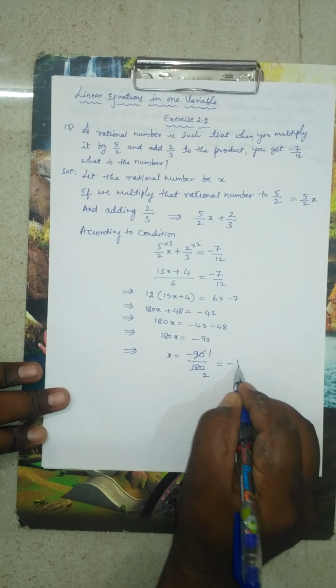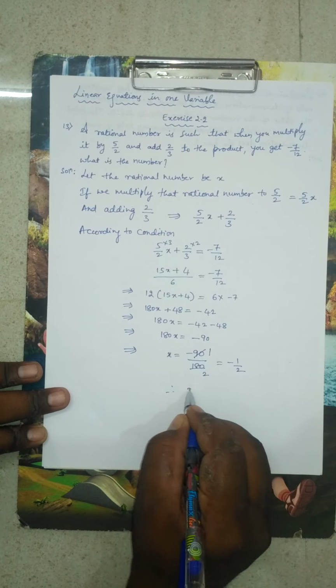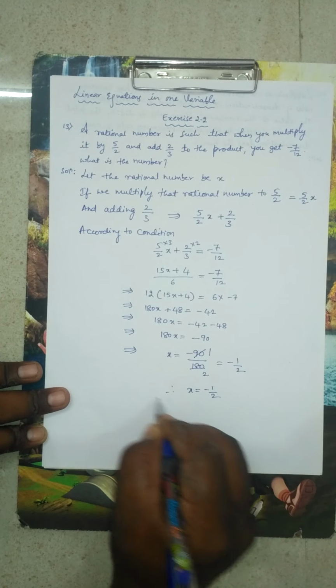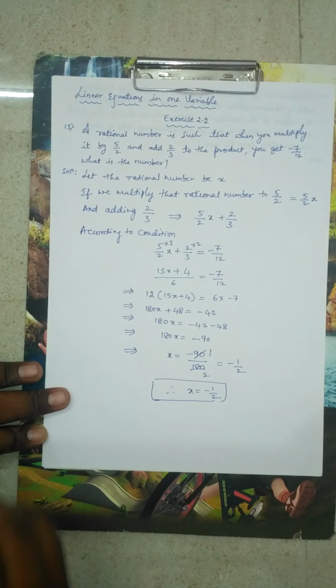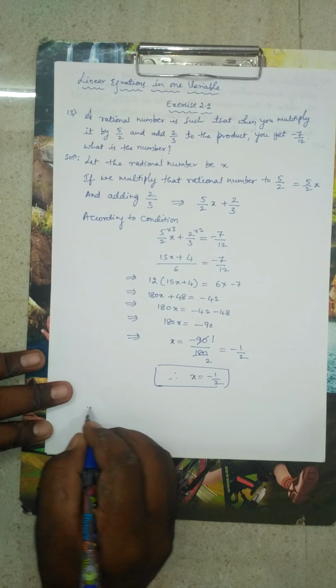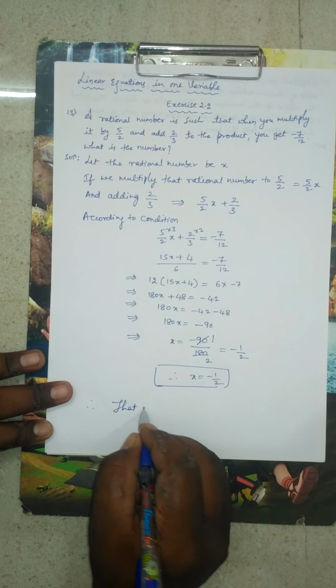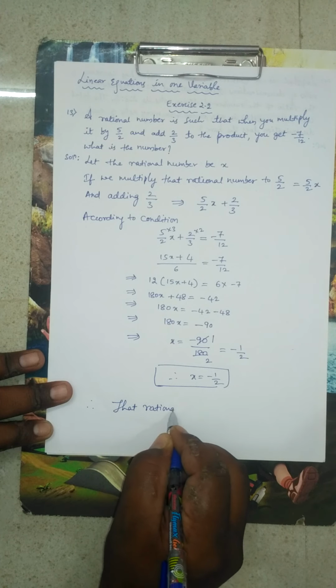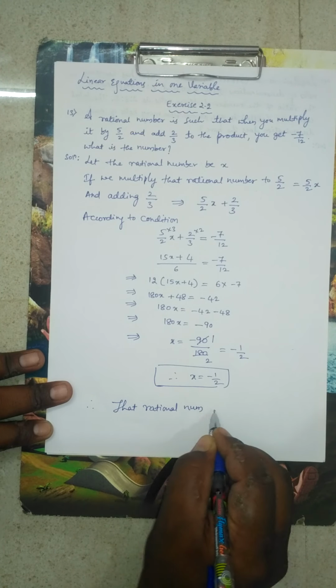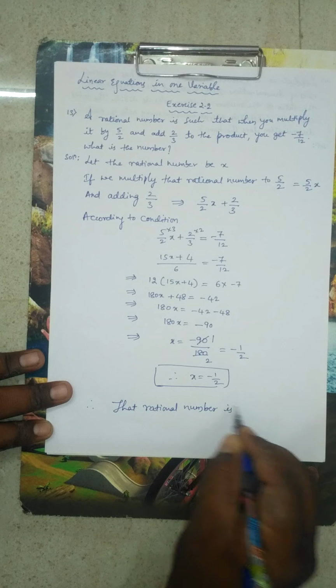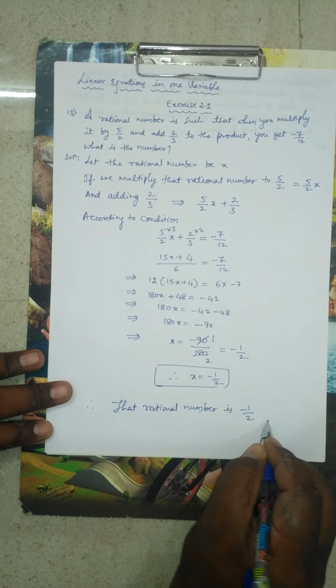So this is minus 1 by 2. Therefore, x is equal to minus 1 by 2. So this is our solution. Therefore, that rational number is minus 1 by 2. This is our solution.